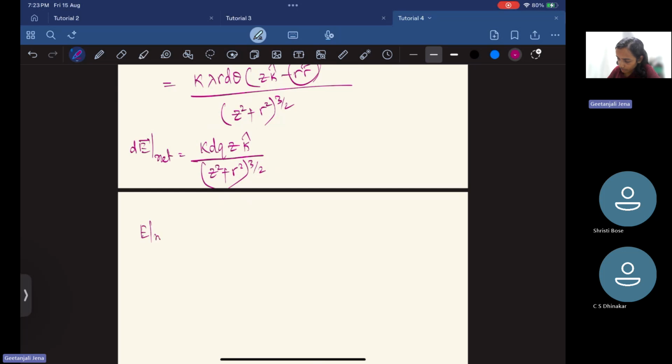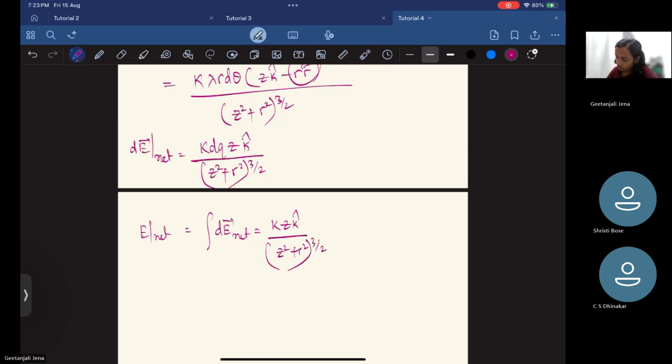So E net will be the integration of dE net. This is k z k cap by z square plus R square to the power 3 by 2, times the integration of dq.